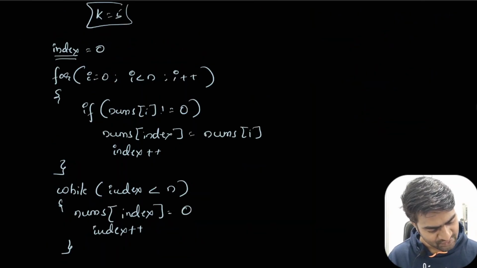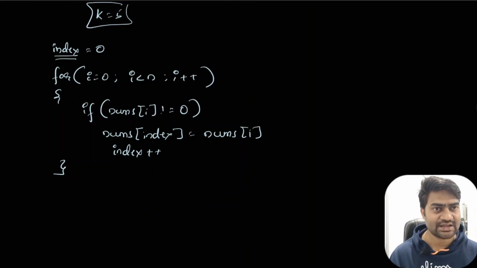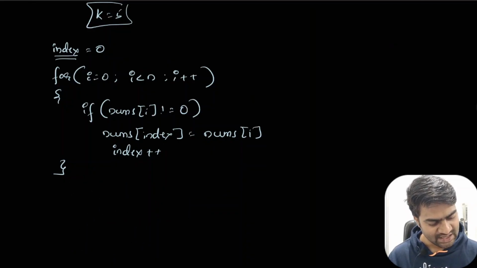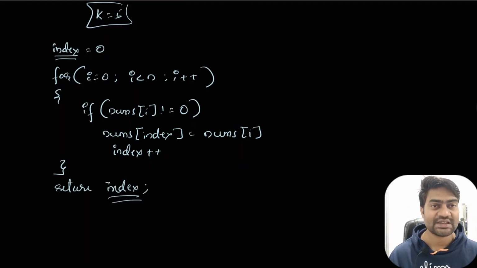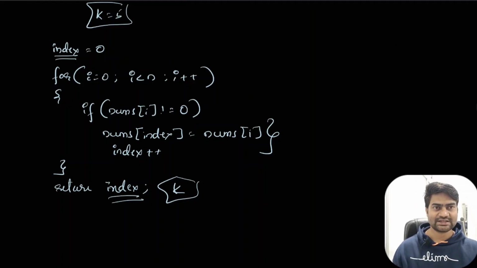I will remove a few things. This is not required. We are not placing 0 at the end. I will simply return my index from here. This way, this index will give us the value of k, and this modification will replace all the vals in the nums array.